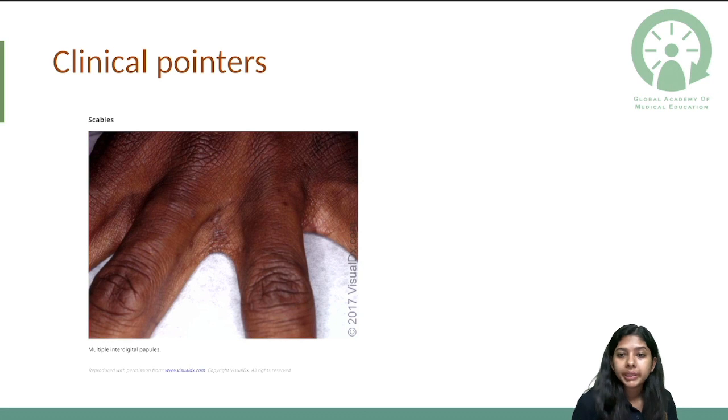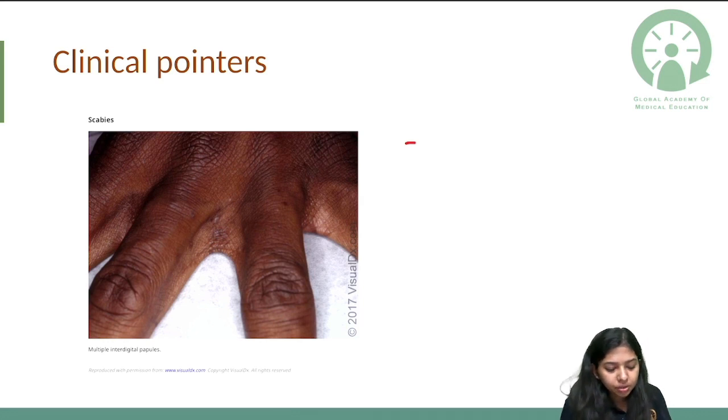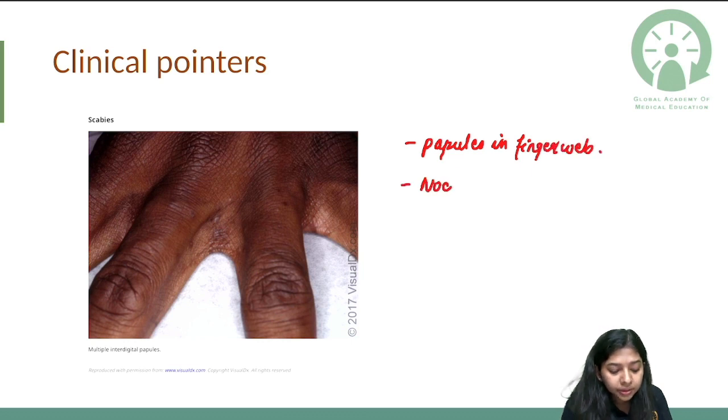What are the clinical pointers that will help you make a diagnosis of scabies? So see, the patient is going to have lesions in the finger webs. Involvement of finger webs, presence of papules and vesicular lesions in the finger webs is very, very characteristic of scabies. So papules in finger webs, number one. Another is nocturnal pruritus.